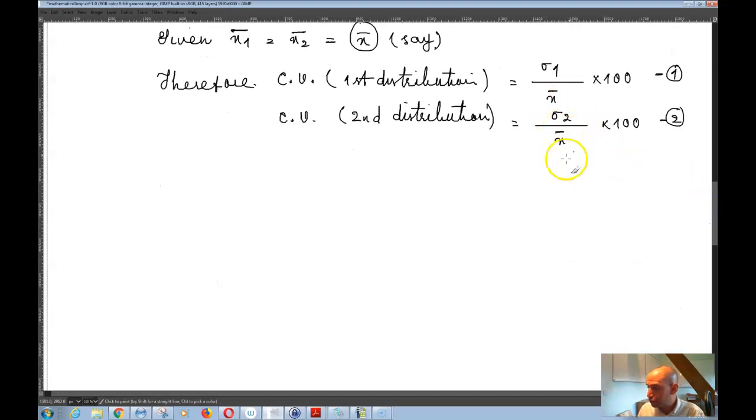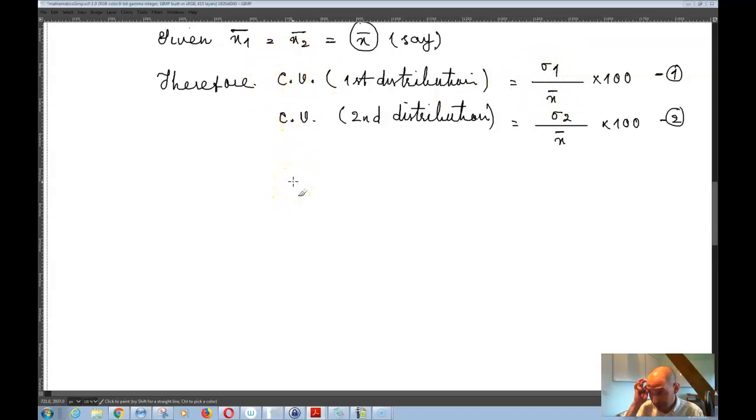So for the two series with equal means, since the sigmas are in the numerator, the larger the value of sigma, the higher the value of the coefficient of variance. And the lower the value of sigma, the lower the value of the coefficient of variance.